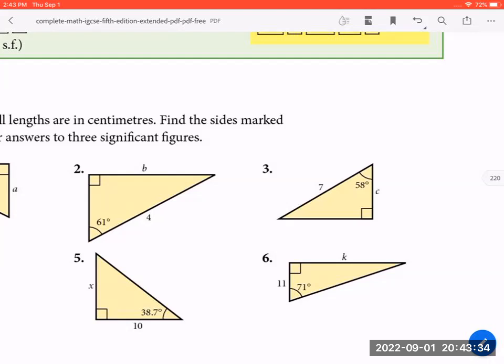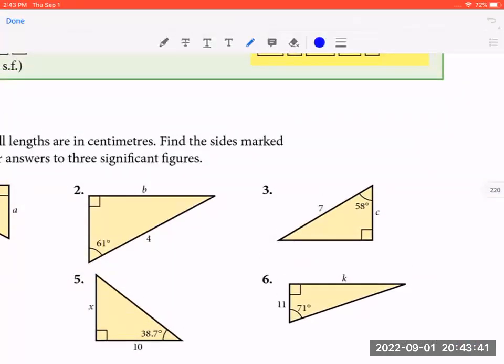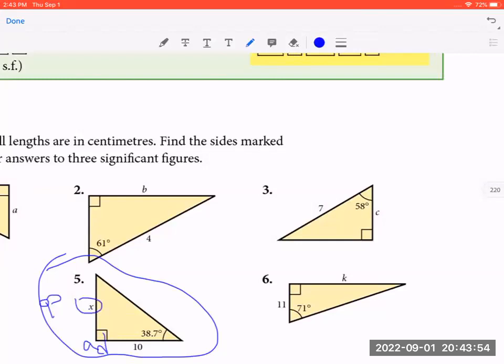Malak, do you use the sine? Hello? Yes, I did. Oh, you weren't hearing me. Here, this one is not the sine, Malak. The sine needs the hypotenuse. We have only the opposite and the adjacent. Which rule has the opposite and the adjacent?